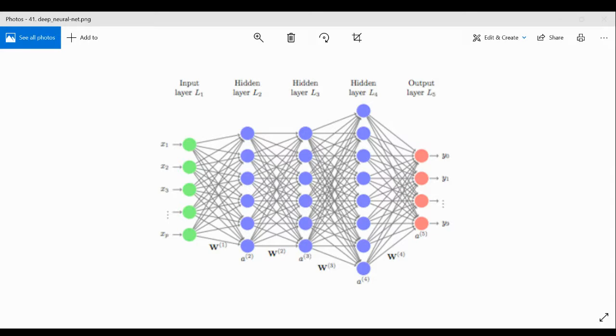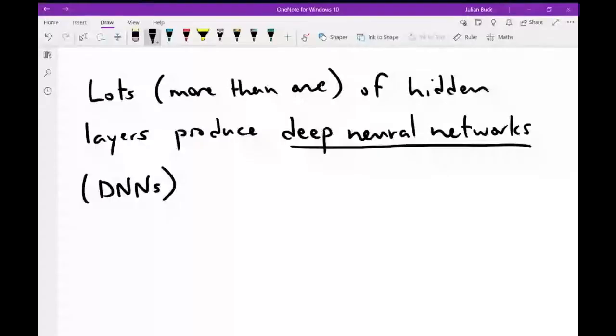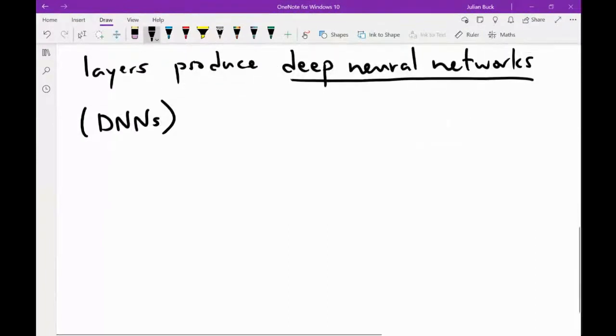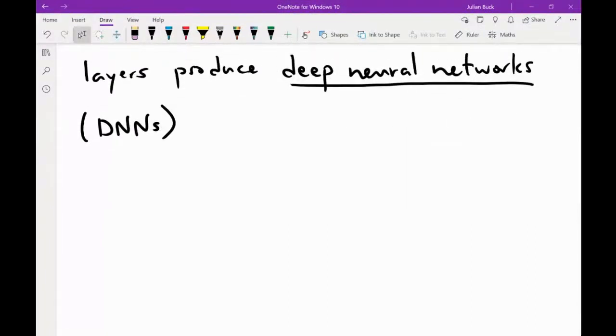All right, so let's talk a little bit about this. The idea behind neural networks is that they can, in some sense, find information in an automated way without you having to guide them necessarily.